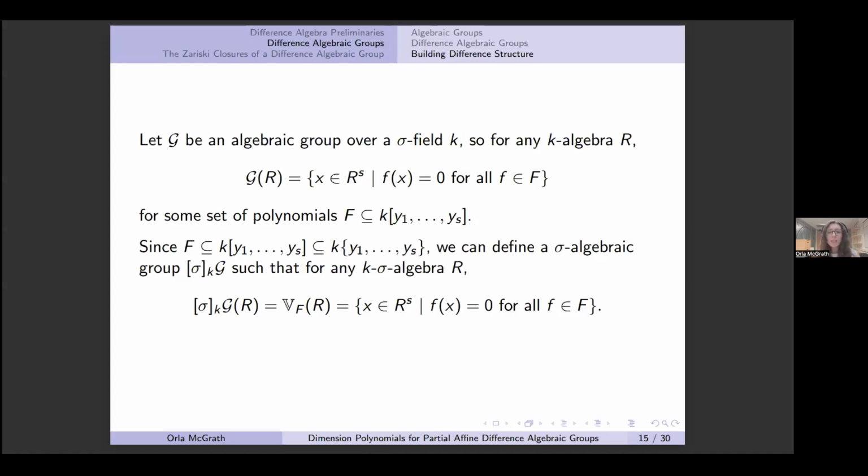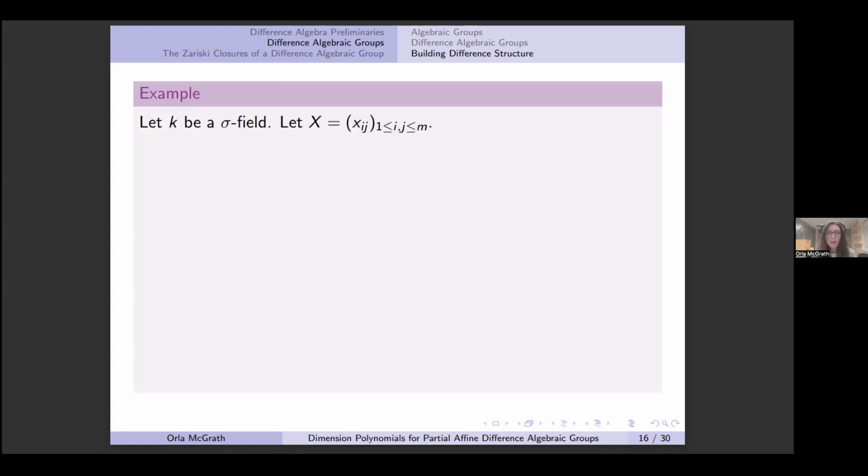We will denote this difference algebraic group that we get from G by sigma K G, but it works very similarly to G, but it now takes the vanishing set of F in a difference K algebra rather than just a K algebra. And we'll see an immediate example of how this would work.